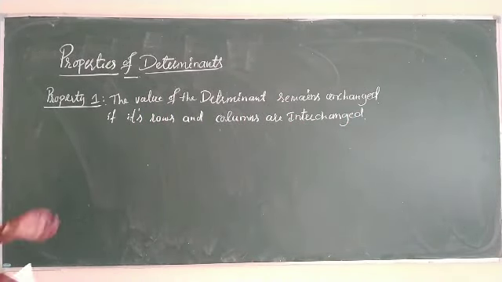So that is our first property. That's why the value of the determinant remains unchanged, meaning nothing will be changed in the value if rows and columns are interchanged. And for this we have some verification.